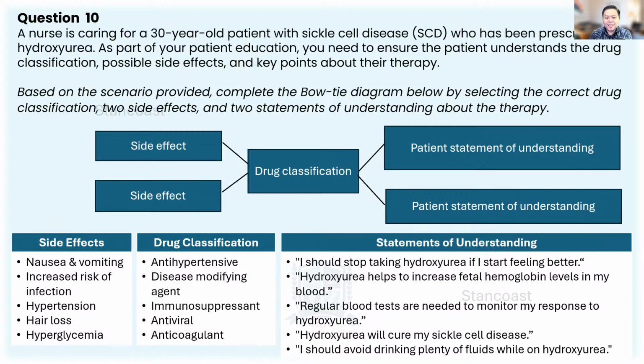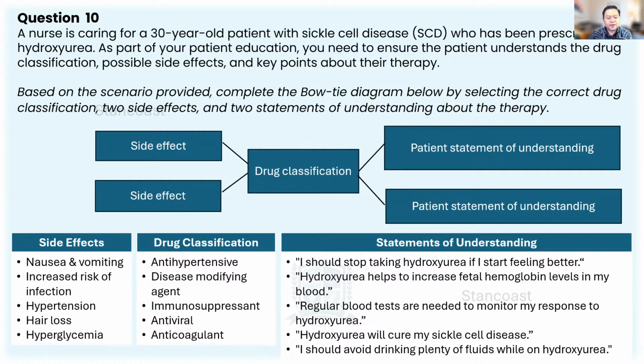Number 10. A nurse is caring for a 30-year-old patient with sickle cell disease who has been prescribed hydroxyurea. As part of your patient education, you need to ensure the patient understands the drug classification, the possible side effects, and key points about their therapy. All right, so what is your task here?